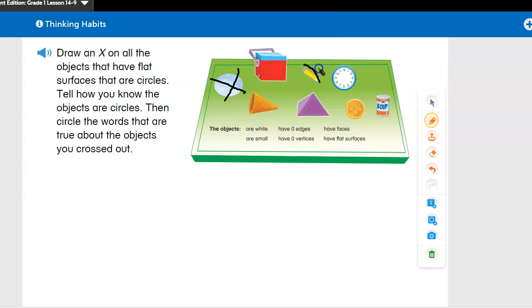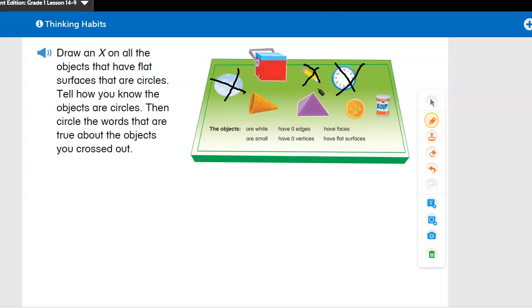So we are going to put an X over the glue stick. Remember, we're putting an X on any objects that have flat surfaces that are circles. What about this clock? Is this a flat surface that is a circle? Yes, it is. So we are going to put an X through that as well.